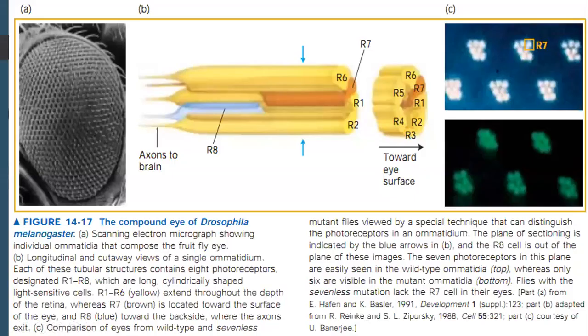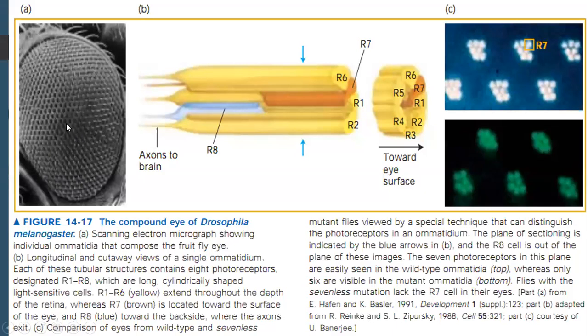So if you can see this diagram, this is the compound eye of Drosophila, and within this eye, there are smaller eyes composing the whole eye, approximately 800 small eyes.